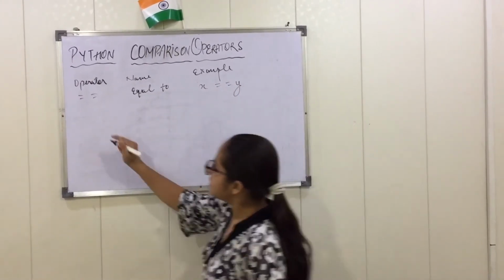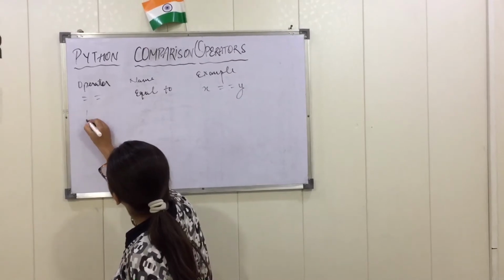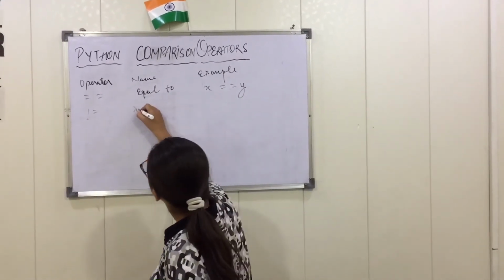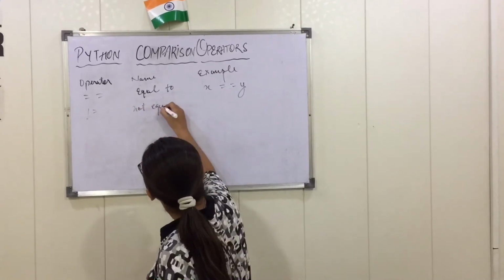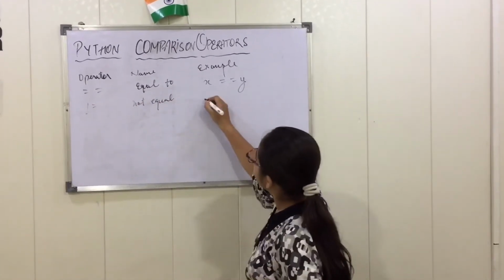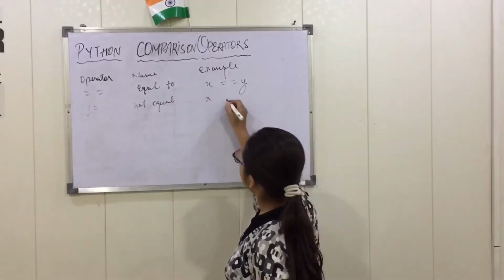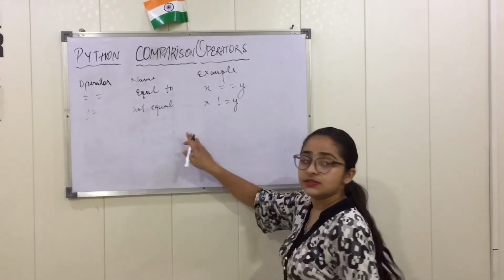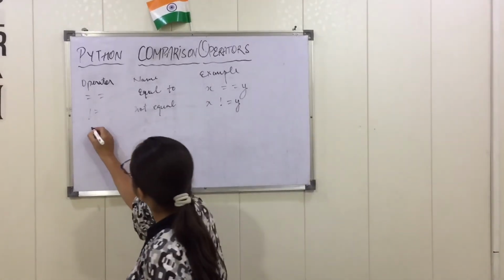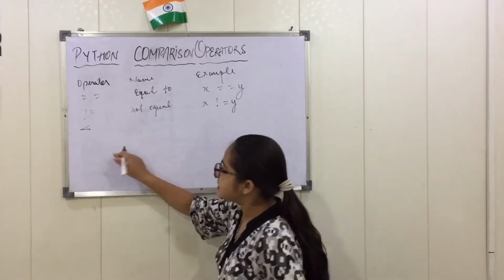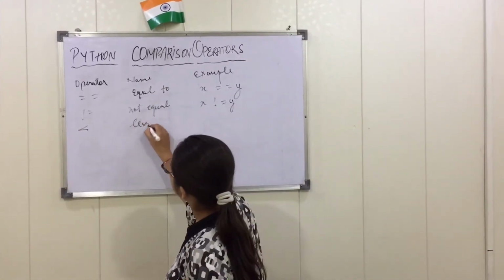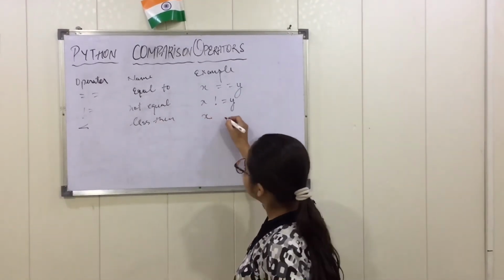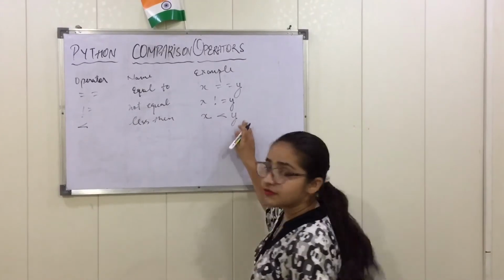The second is not equal, for example x not equal to the value of y. The next operator is less than, for example x is less than y.